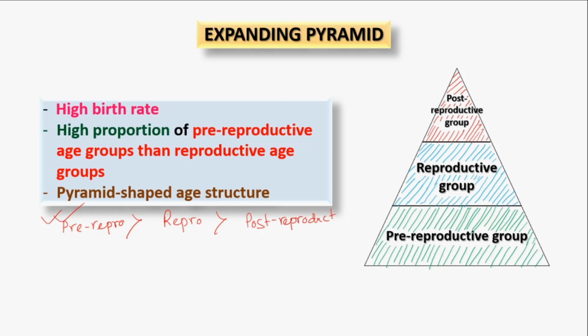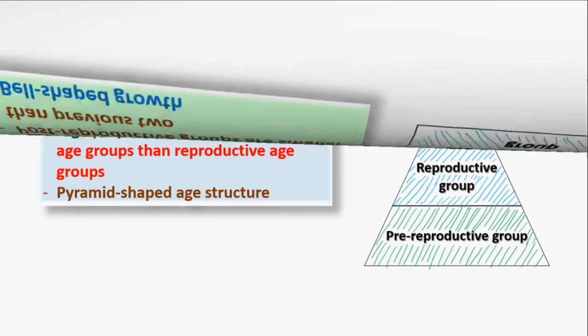Here the birth rate is so high, that is why the number of individuals of the pre-reproductive age group is also higher than the reproductive age, and here the post-reproductive age shows the minimum number of individuals. So this kind of pyramid is structured as a pyramid-shaped age structure.